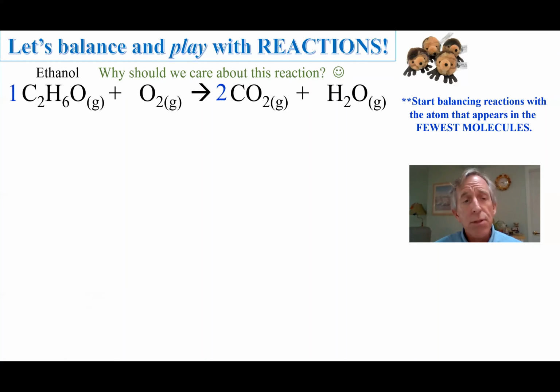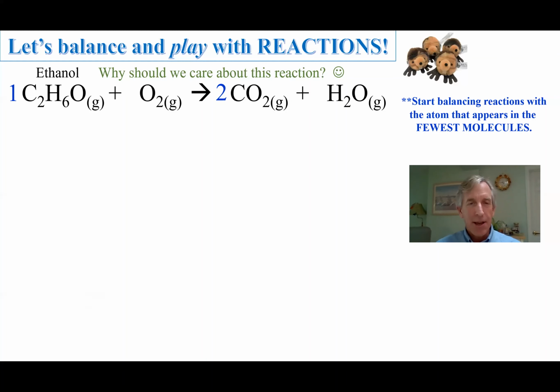And I like to place a 1 in front of the C2H6O. Some people don't mind if you leave that blank. But the reason I like to place the 1 there is it reminds me, don't mess around with that area. Do not try to add a number there later on, for example, to balance some other atom. It's already got a coefficient in front of it. Leave it be.